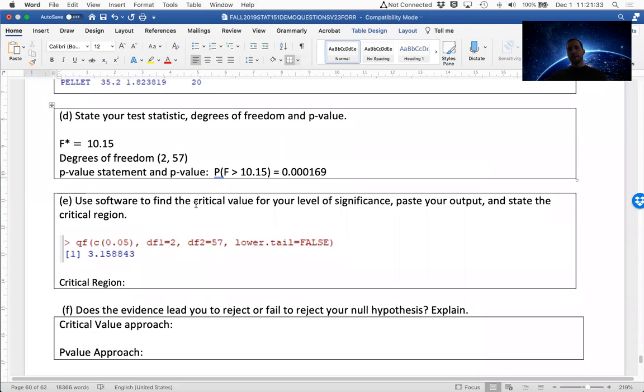Use software to find the critical value for your level of significance, paste your output, and state the critical region.